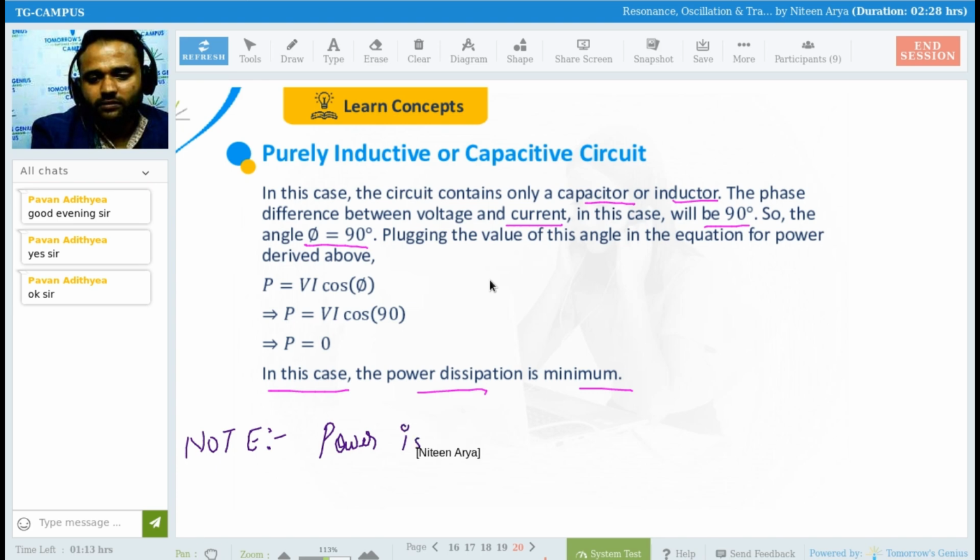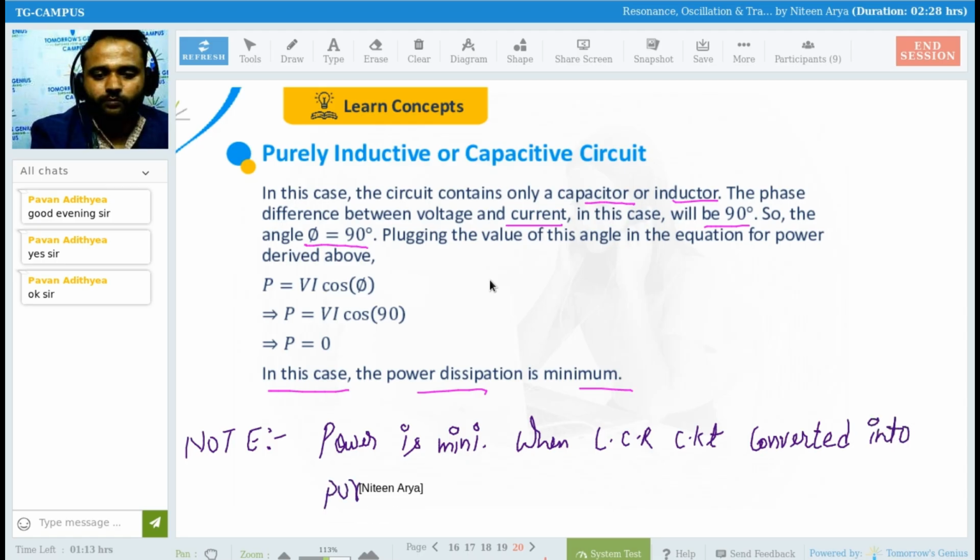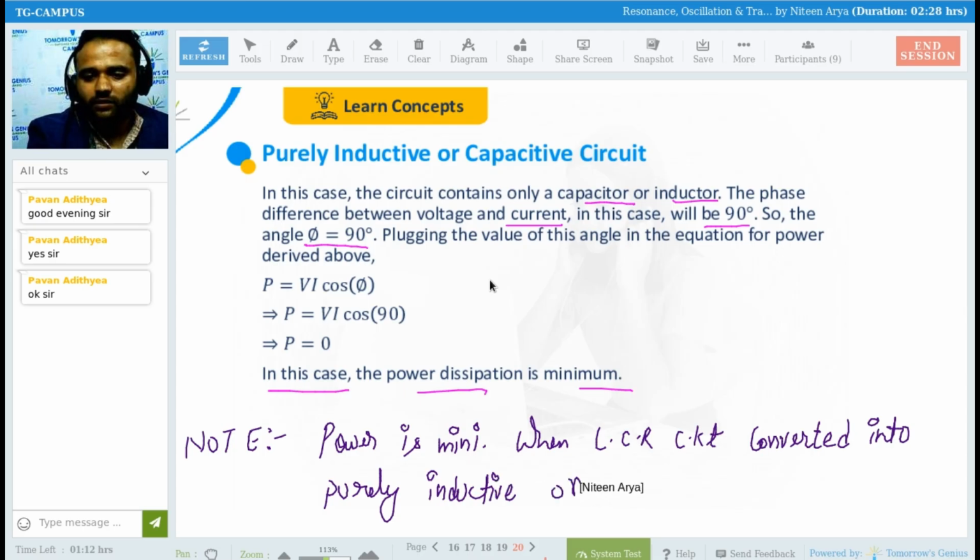Power is minimum when the LCR circuit is converted into purely inductive or purely capacitive.